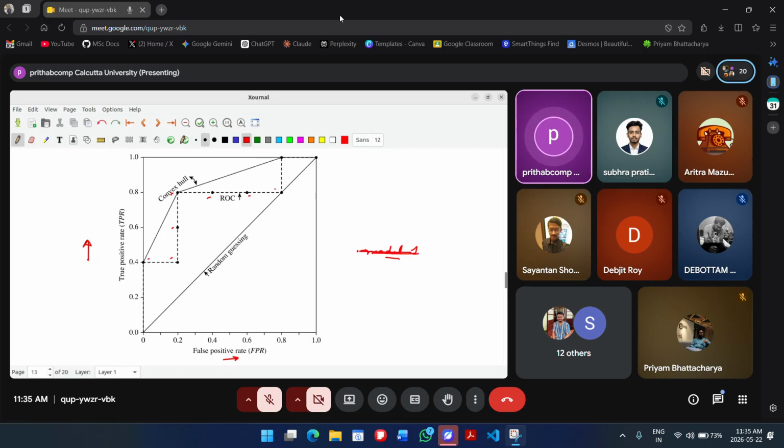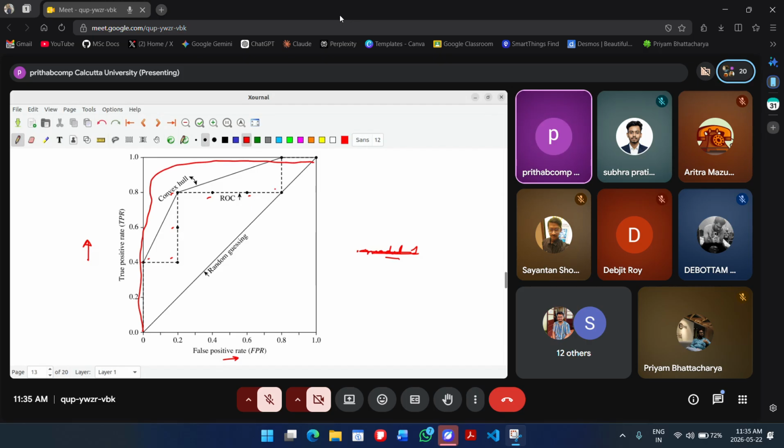I'm coming to the model part a little later. These are the observation points where you have observed this false positive rate versus true positive rate.